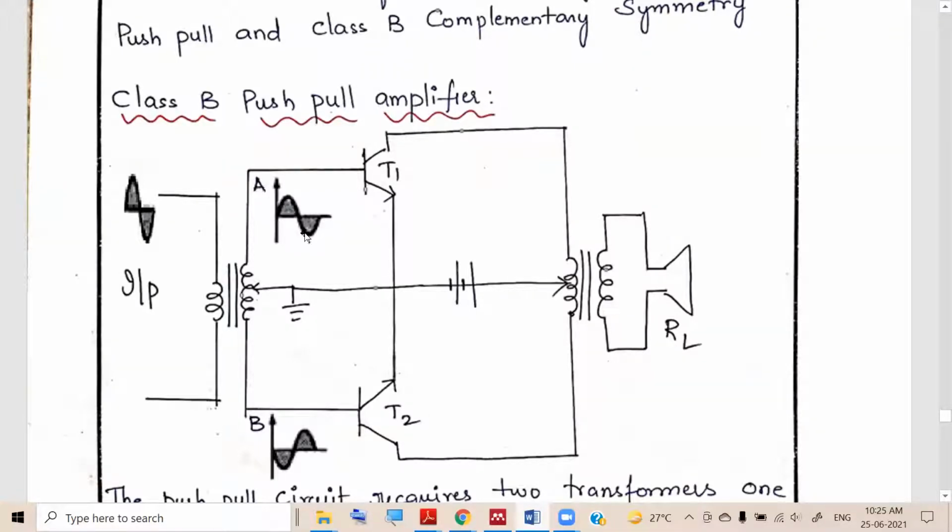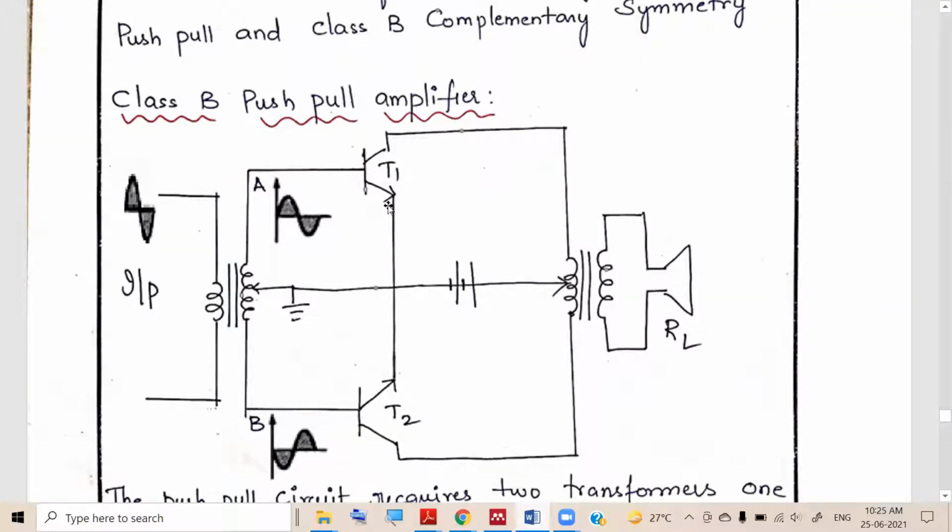Then when we have a negative half cycle at the base of T1, we have a positive half cycle at the base of T2. So when the overall input at the primary of the transformer is positive, we have a positive half cycle at the base of T1 and a negative half cycle at the base of T2.